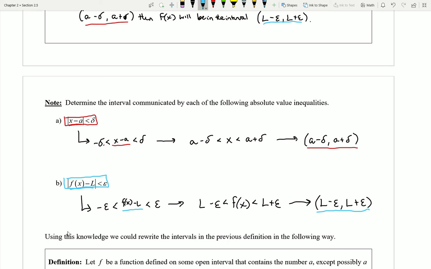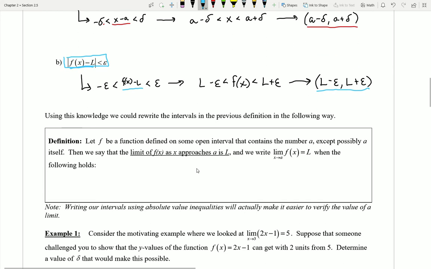So we're going to use this knowledge to update the previous definition to see how we could possibly restate it. So let's see what we have. Let f be a function defined on an open interval that contains a. Then we will say that the limit of f of x as x approaches a is L if the following holds.